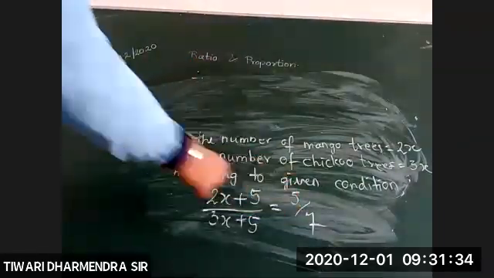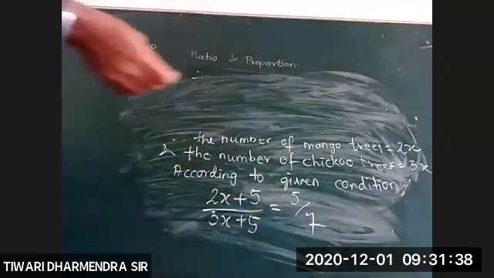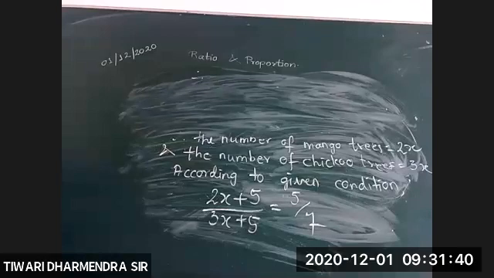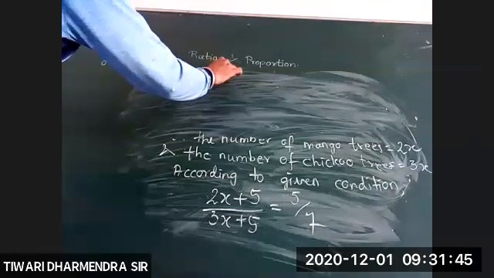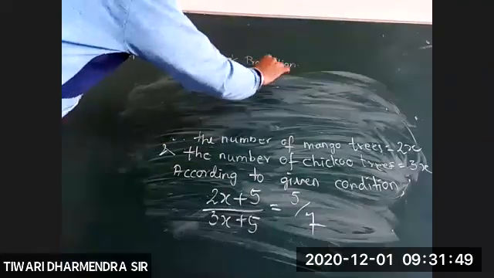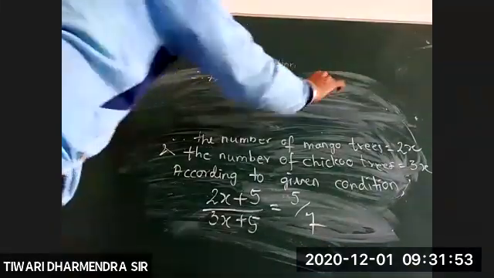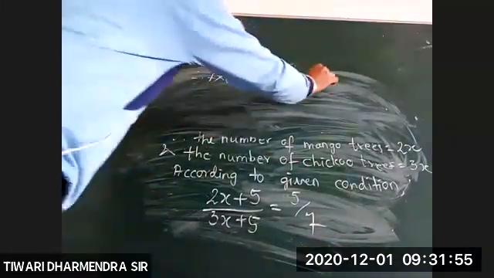Do cross multiplication. 7 on the right hand side is in division form; when it comes to the left hand side, it will become multiplication. 7 into 2x plus 5 is equal to 5 into 3x plus 5.